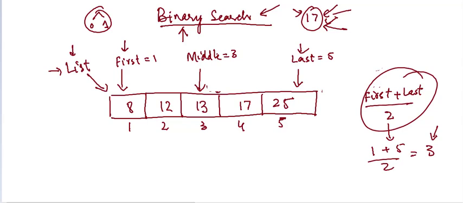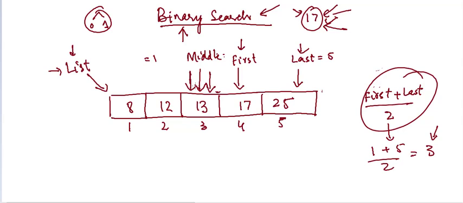Okay, so what we are going to do now is set our value of first beyond this point, more than the middle. We need to move this first boundary from here to somewhere here, because we've already checked middle, so we've already checked this value.